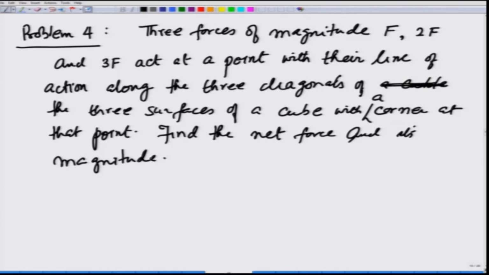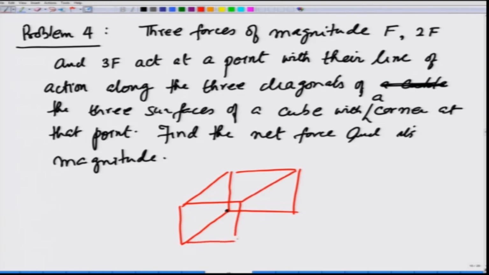So, let us see what is the problem. Problem is that if I have a point, make a cube at this point. Let us make a cube with a corner at this point. Let us also designate this direction to be x, this direction to be y, and this direction to be z.